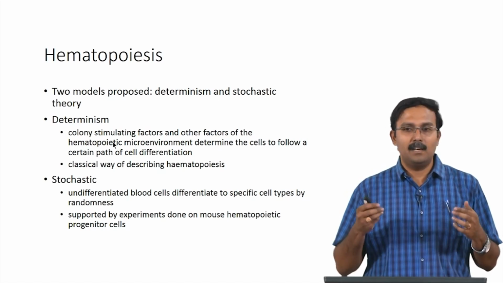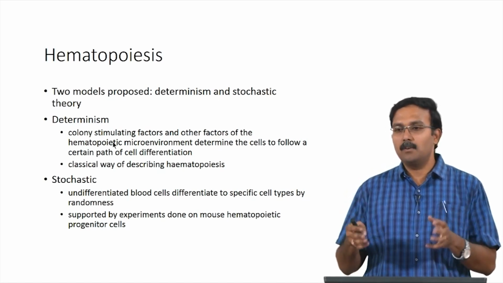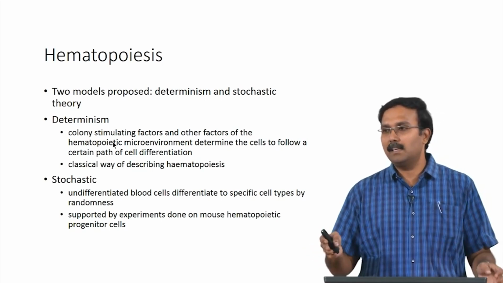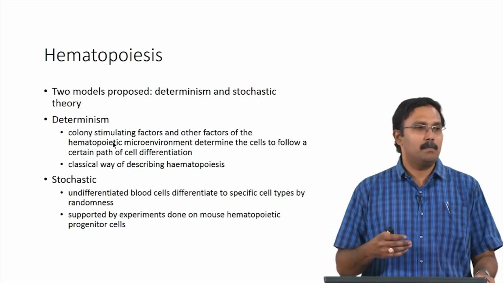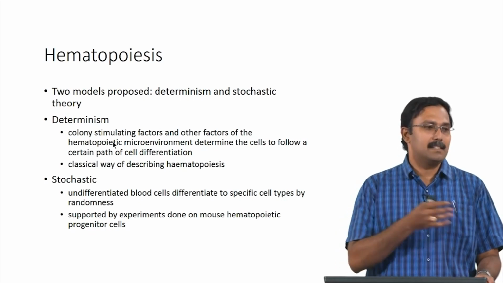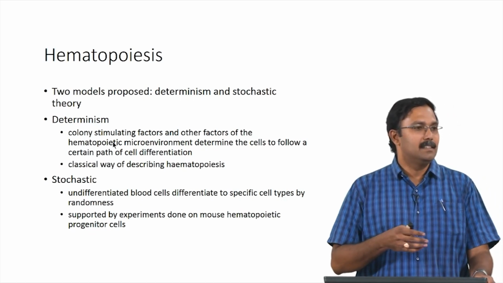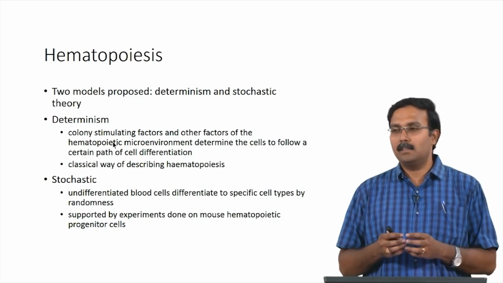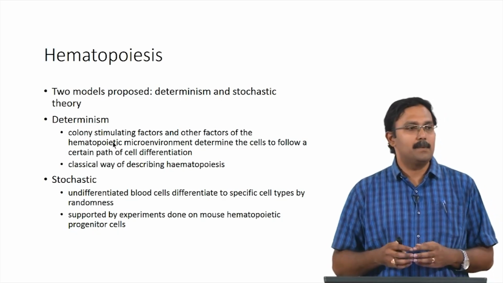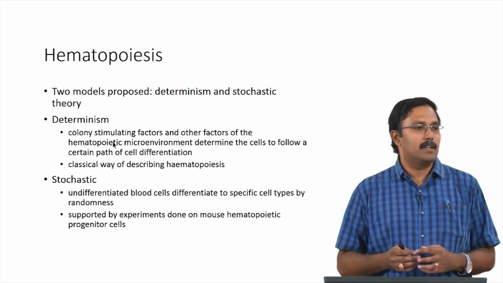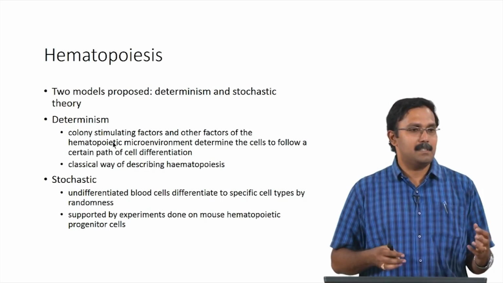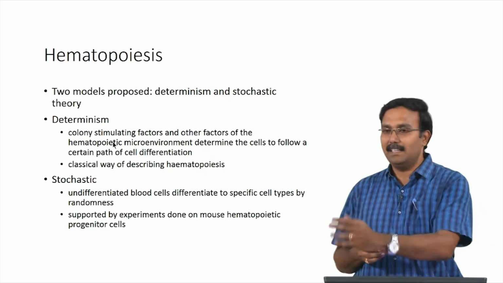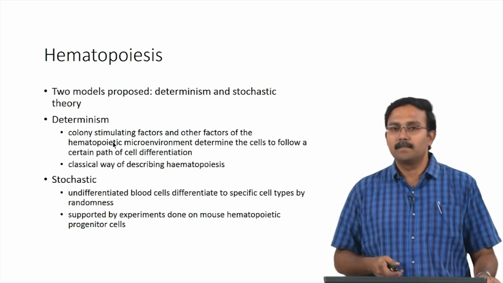There is no real control over how this happens. There are factors which do control, but studies show that the cells can go back at each step, and there is a significant level of randomness which cannot be completely ignored. You cannot just say that it is deterministic, saying this environment will definitely lead to this. It is not that.